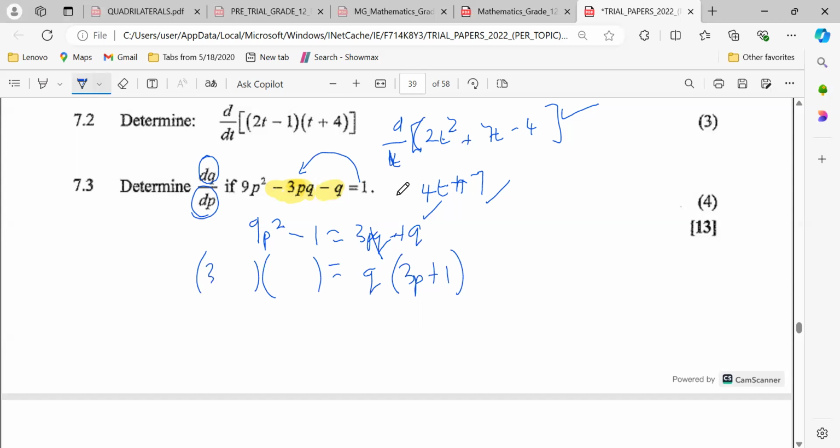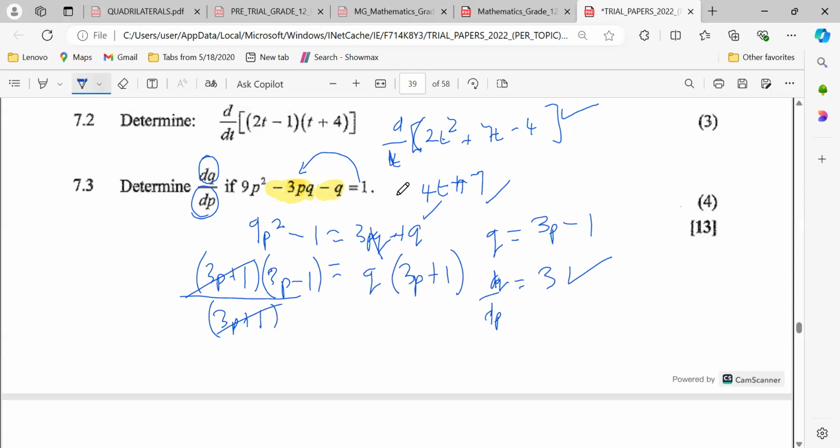So you're going to have 3p plus 1, 3p minus 1, all over 3p plus 1. And then q is going to be given as 3p minus 1. Then you can differentiate it. Then you have dq all over dp, which is going to give us 3. Yes. We're sharp. We are good.